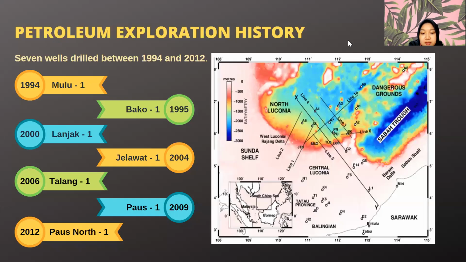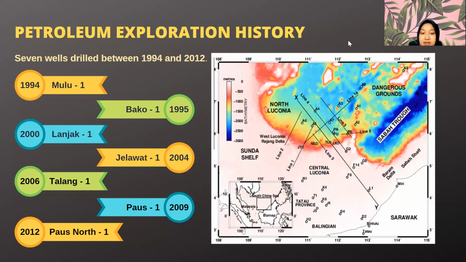All right, so this is the petroleum exploration history. The North Luconia province is relatively poorly explored, with only 7 wells drilled between 1994 and 2012. The first deepwater well in Malaysia is Mulu-1, drilled in 1,165 meters of water, and it found only minor gas.